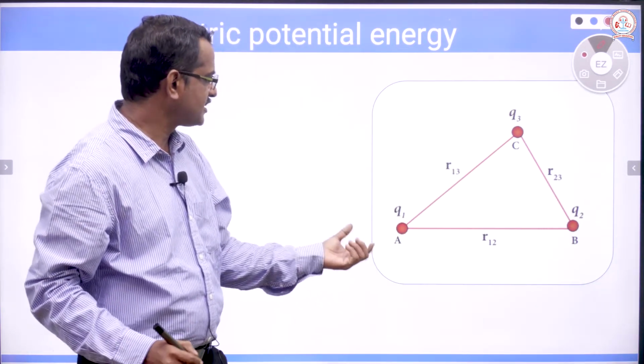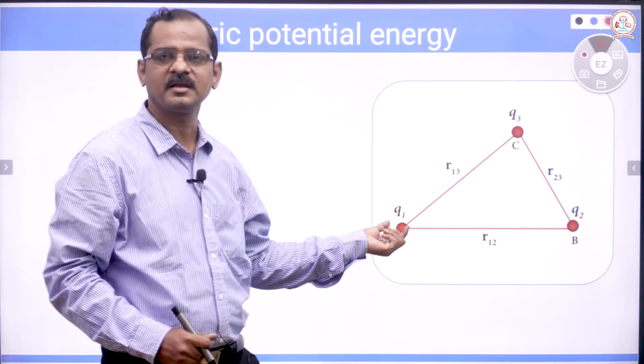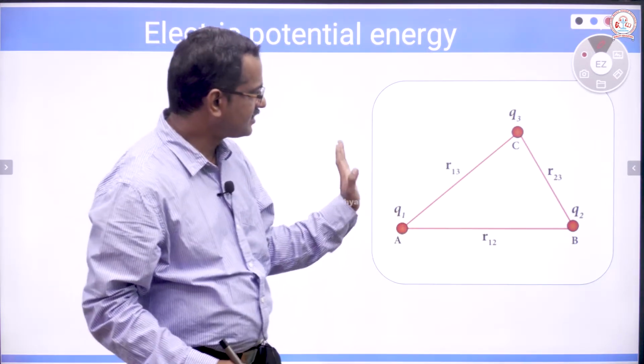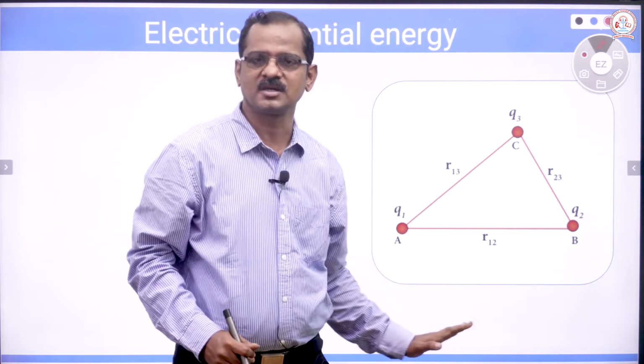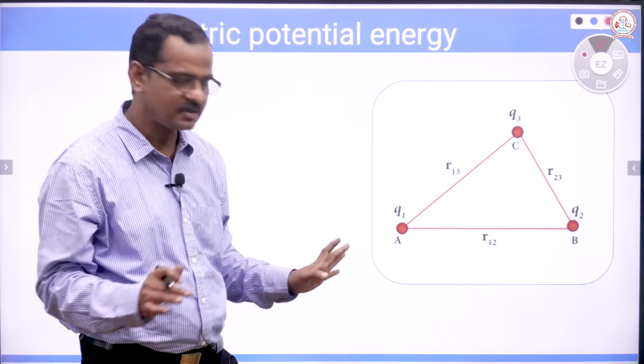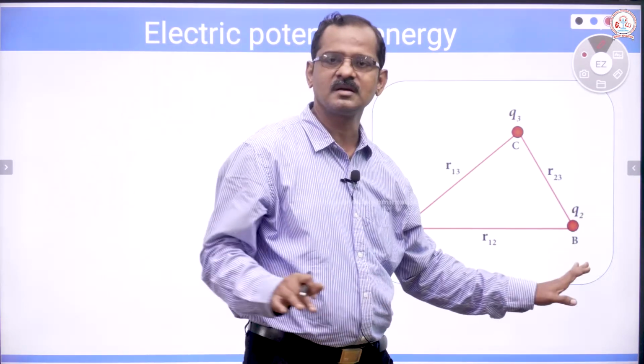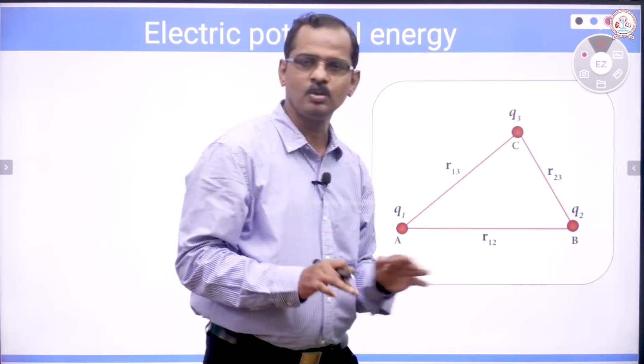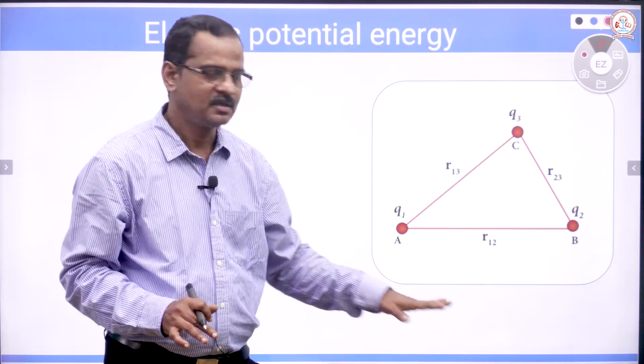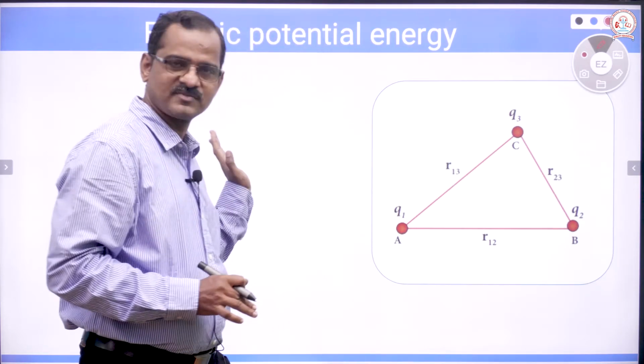Initially, let us imagine there were no charges. At A Q1 was not there, at B Q2 was not there, at C Q3 was not there. Imagine initially we brought Q1 from somewhere.